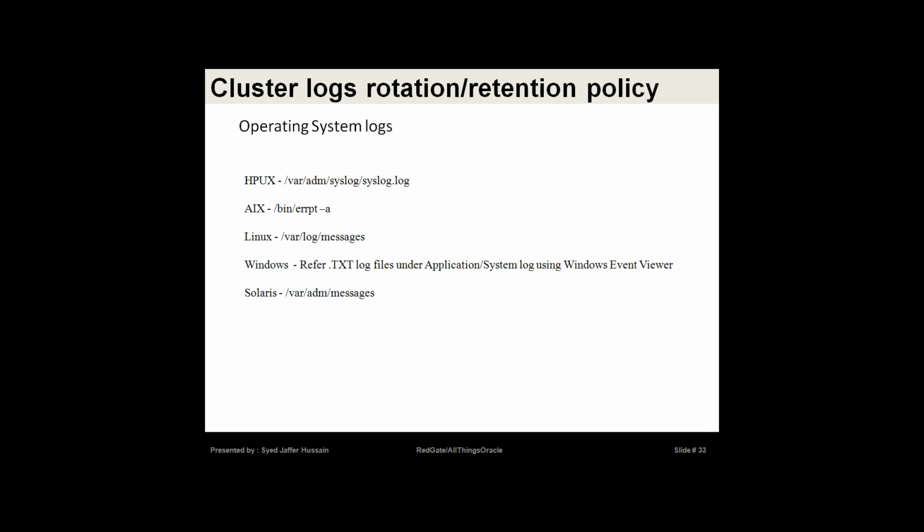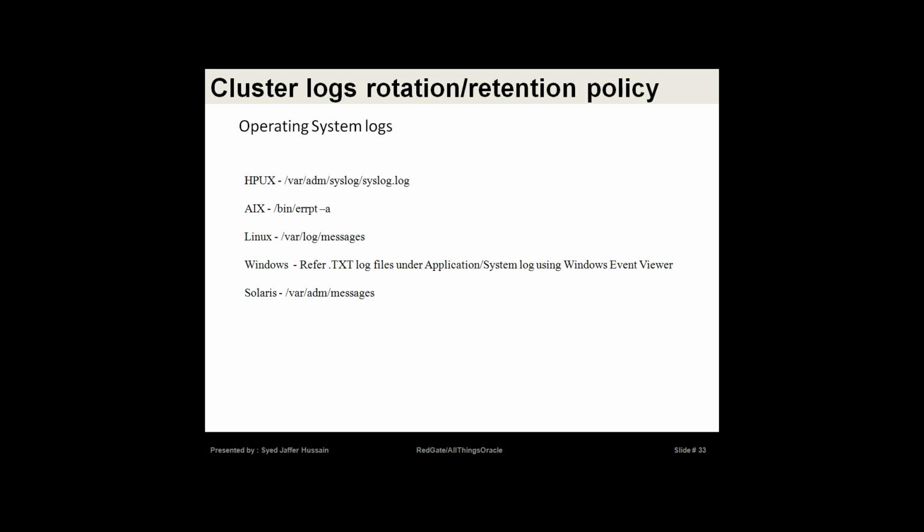Sometimes it is very important to identify the root cause of cluster startup issues, or when the cluster goes unhealthy. So it is very important to review the OS level logs also. Every operating system has a different OS log. For example, if you work with HP-UX, you find a log file called syslog under the var adm syslog directory. This is the log maintained by your operating system.